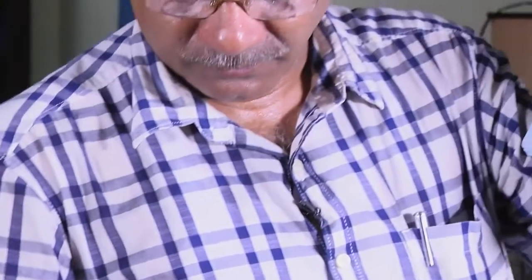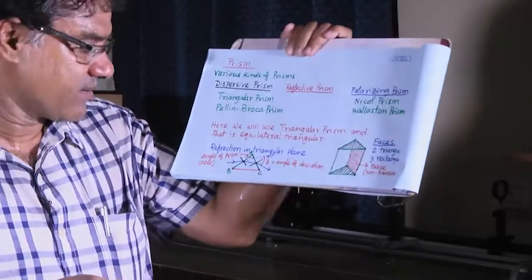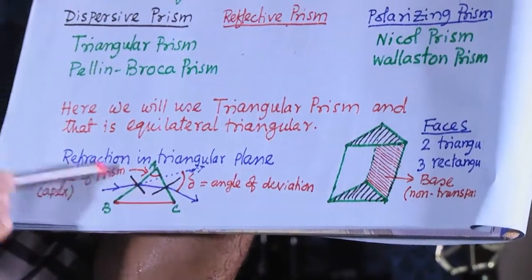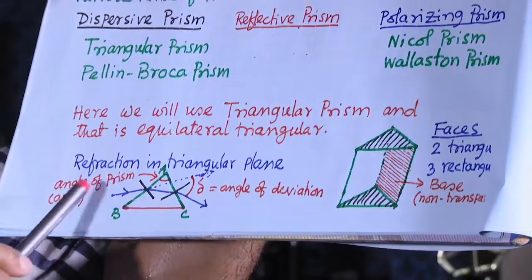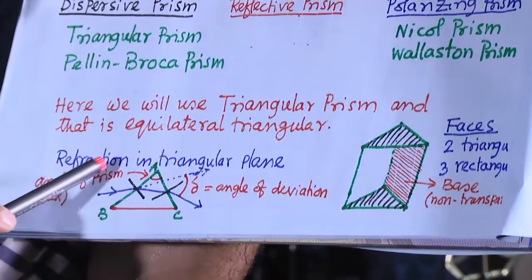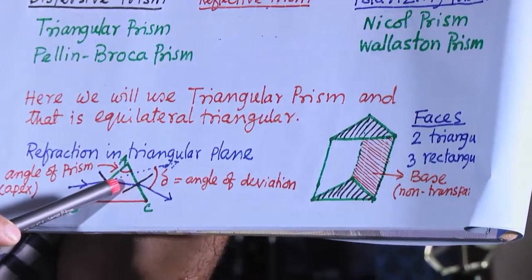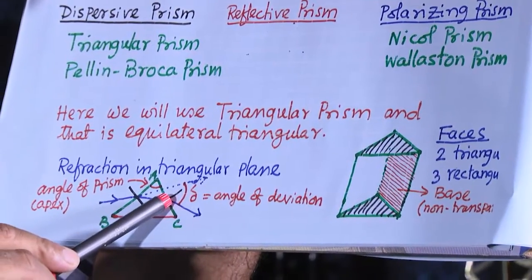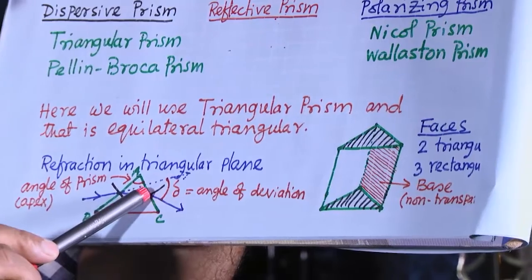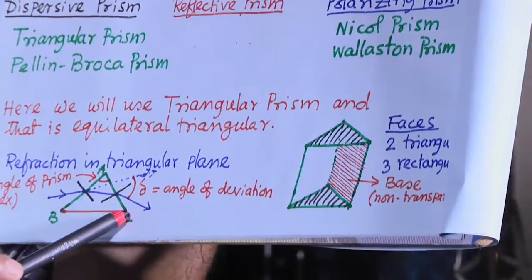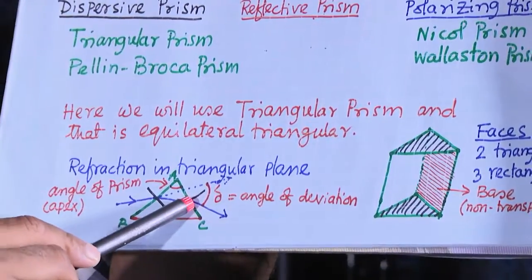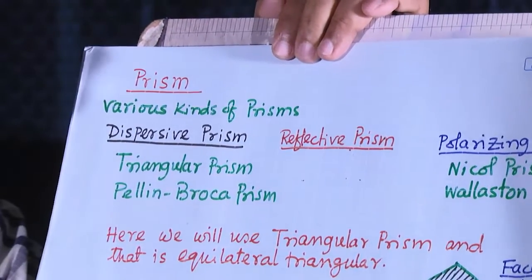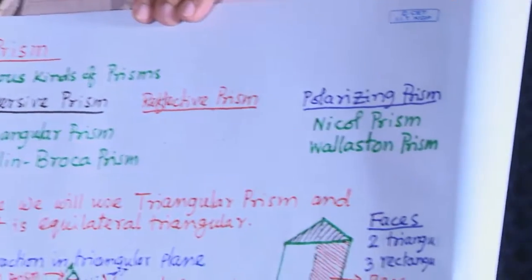When light falls on the prism, from air to this medium there is a refraction, and again when it exits from the other face, here again refraction, from the medium to the air.